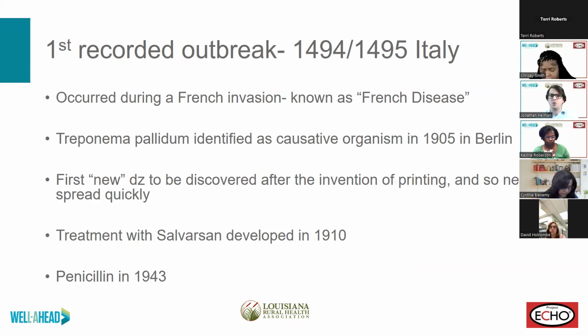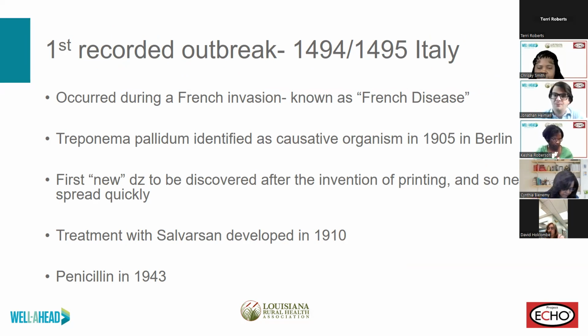Okay, so the first recorded outbreak was in Italy in the late 1400s. And look, syphilis has always been a stigmatized disease, and every country had their own name for it, blaming someone else.